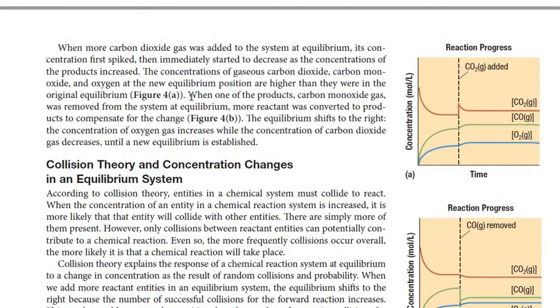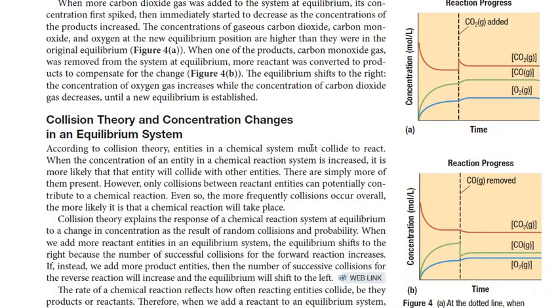So as you see here, when one of the products, carbon monoxide gas, was removed from the system at equilibrium, more reactant was converted to products to compensate for the change. The equilibrium shifts to the right, the concentration of the oxygen gas increases while the concentration of carbon dioxide gas decreases until a new equilibrium is established.